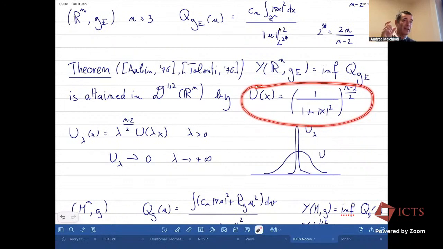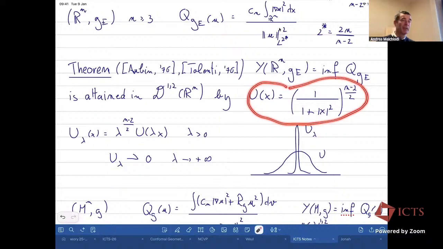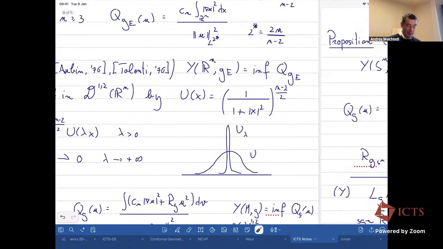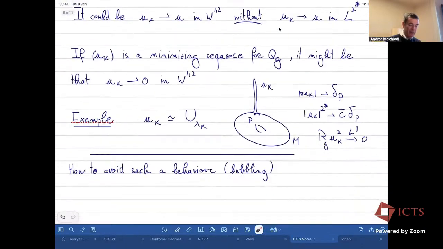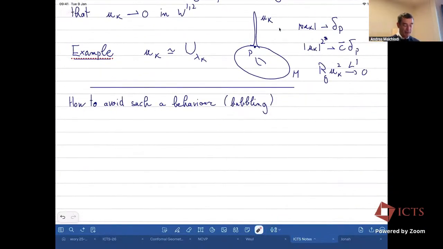And this is exactly the conformal factor given by the stereographic projection. Geometrically, if you take the Euclidean metric and multiply it by this conformal factor, it becomes like a spherical metric, like a bubble. That's why this behavior is called bubbling.